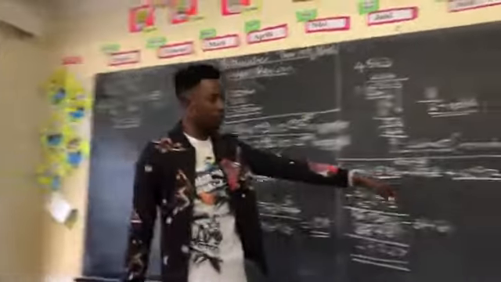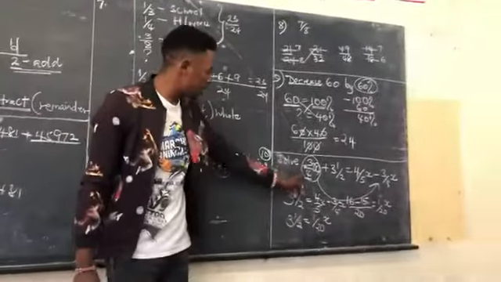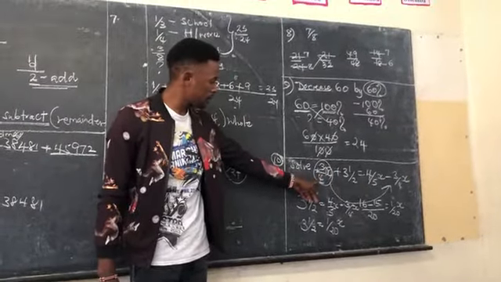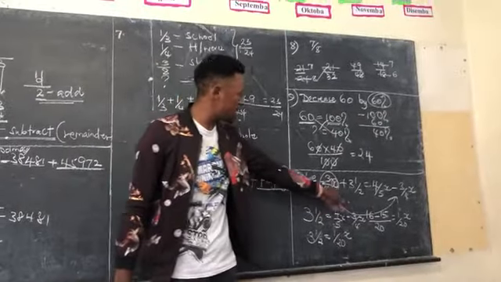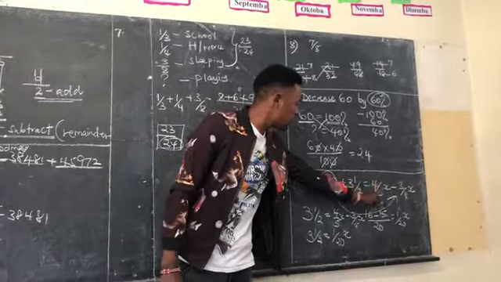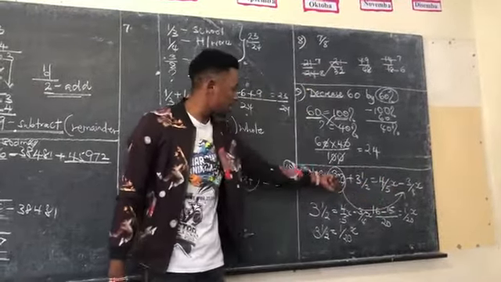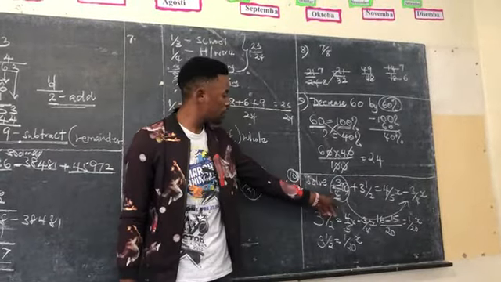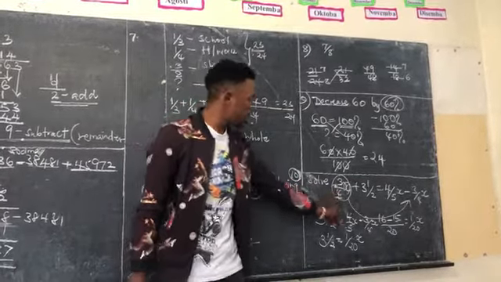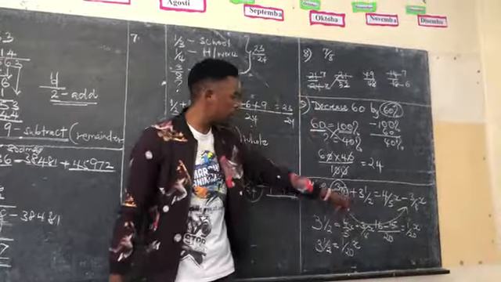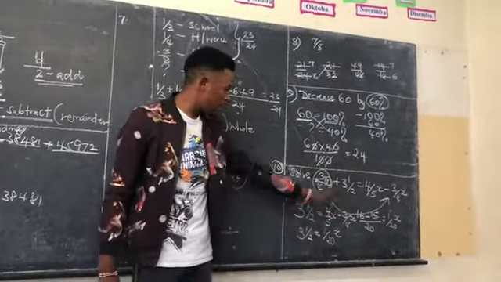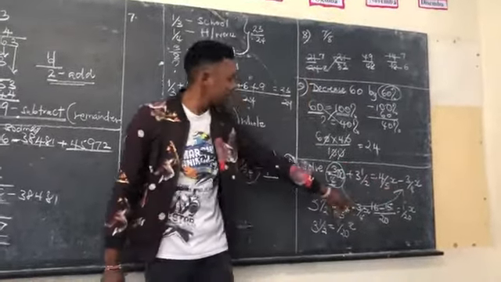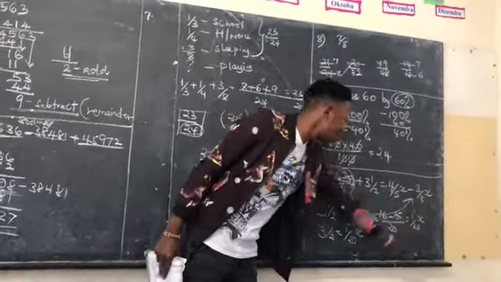So it all started from here: 3 over 4x positive plus 3.5 is equal to 4 over 5x. We said you put the like terms together. So 3 over 4x positive moves to the other side, which becomes negative. When you work out 4 over 5x minus 3 over 4x, that gives us 1 over 20x.